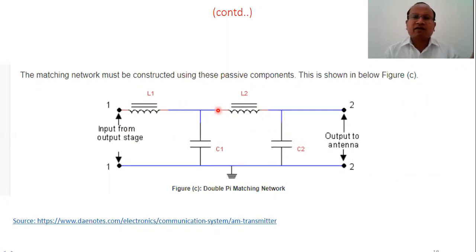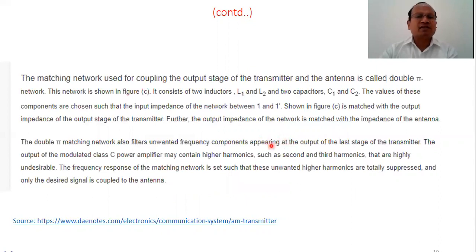When we see the design of filters, there are LC, there are RC, there are RLC. So this LC combination is also acting as a filter that smoothens the signal, and unwanted frequency components which are present in the output of the class C power amplifier can be removed.